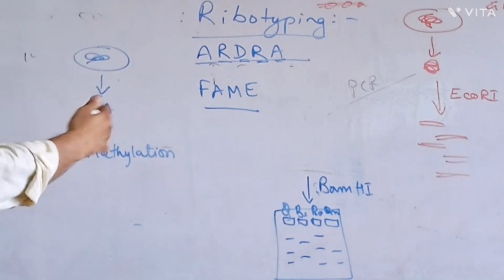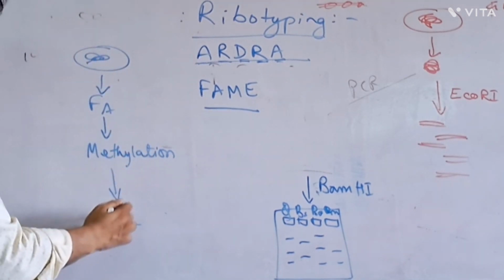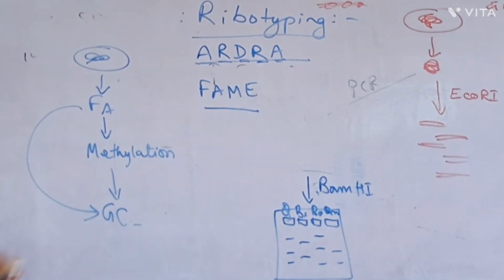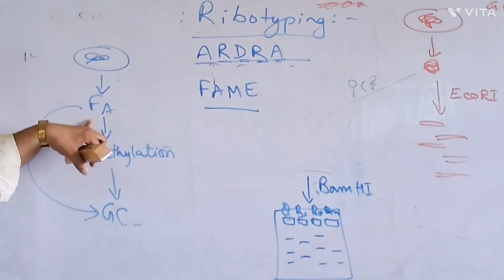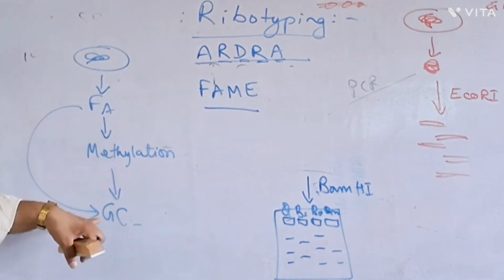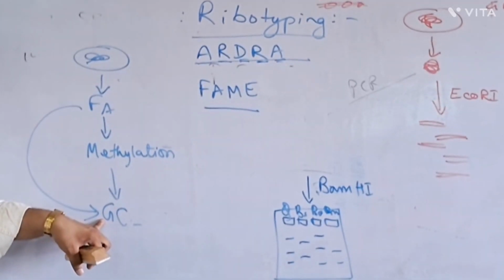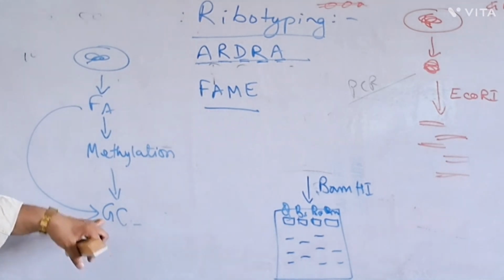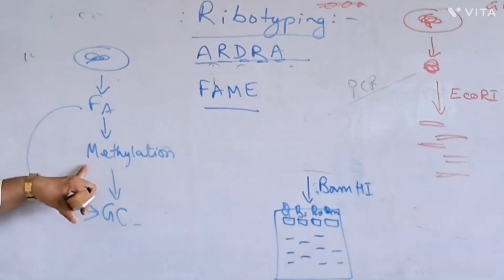So after that you have to go for gas chromatography, GC. But you cannot directly go to GC with the fatty acids because they're non-volatile. Gas chromatography needs the substance to be converted into gas. It has to be in a volatile form. So for that purpose, this methylation was done.